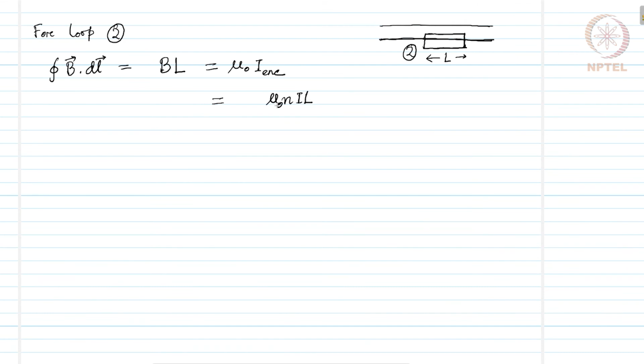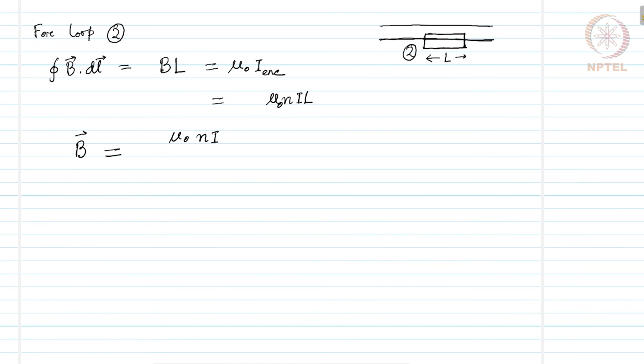So, that is BL. Therefore, the magnetic field B can be expressed as mu naught n I. L from both sides will cancel.